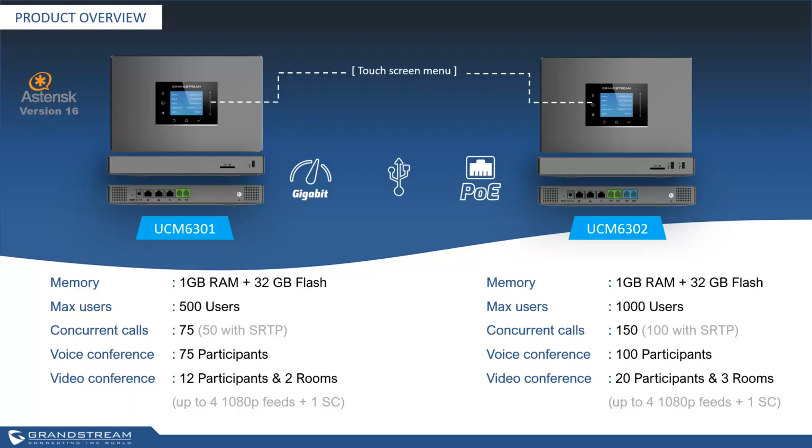Because Asterisk version 16 introduced some improvements to the video quality with WebRTC applications. It now supports two intelligent routing mechanisms that are used to avoid network congestion and packet loss.